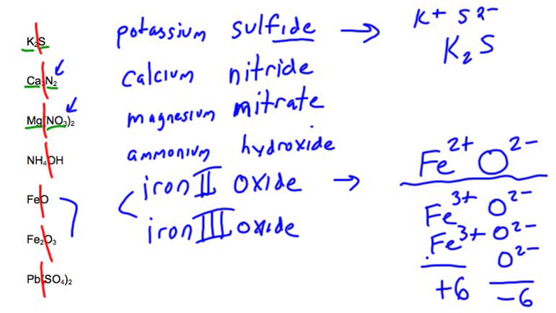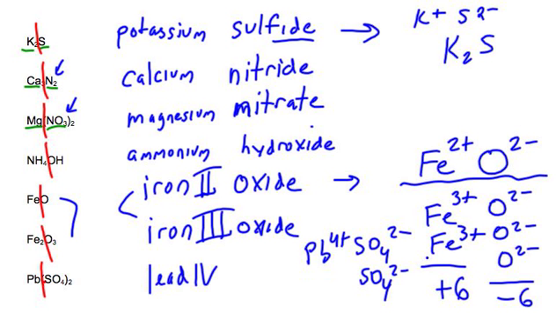All right, PbSO4. So Pb, I just got to make sure that that charge is correct. So if I have 1 Pb and 2 SO4s, SO4s are both -2. So yes, Pb is +4. So I'm going to call this lead 4 sulfate.